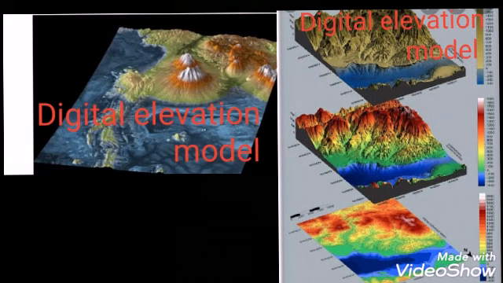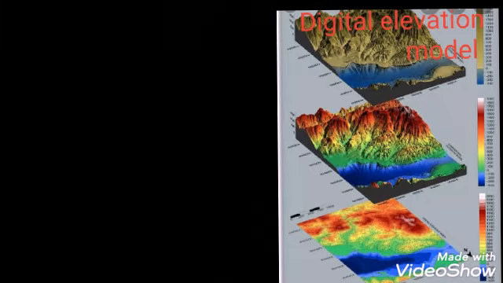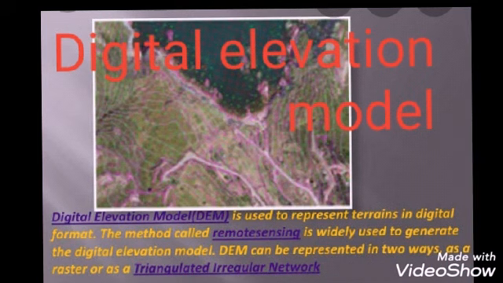Maps made using the above methods help us to understand the physical setup of the region. In other words, they give us an idea of its height, relief, and slope. Using computers, we can even find the height of each point on a digital map.